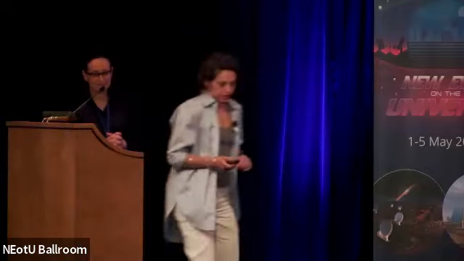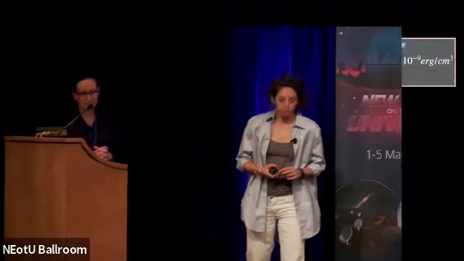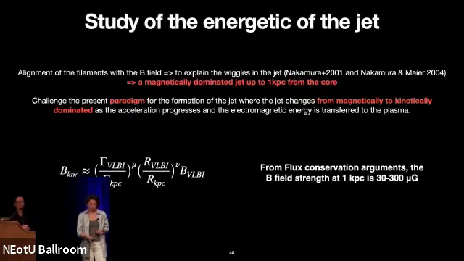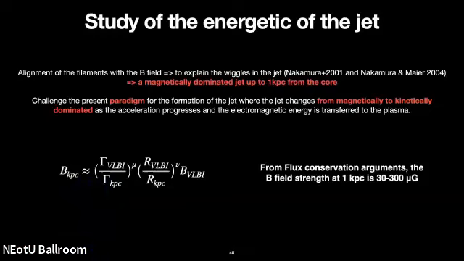Yeah, so here we studied the energetics of the jet. There is a model by Nakamura 2001 and Nakamura-Meyer 2004, where they study the alignment of the filaments with the magnetic field to explain this wiggle.